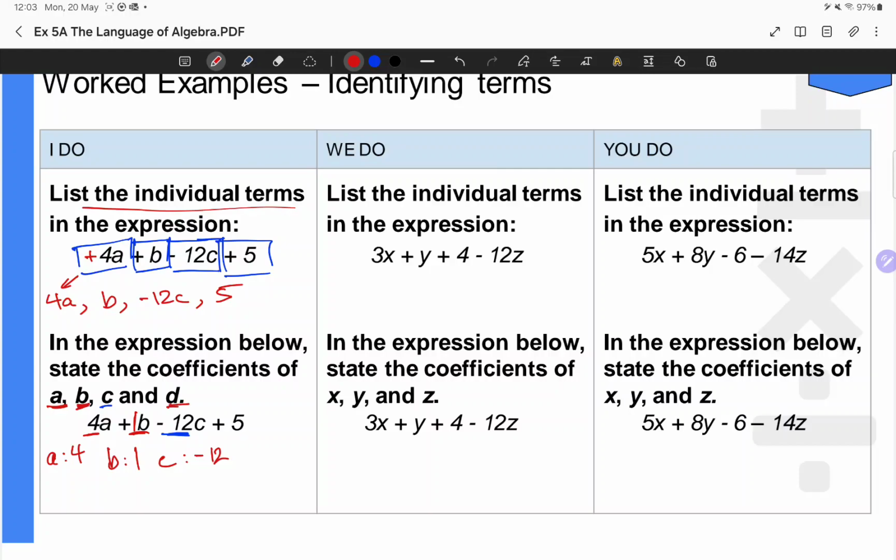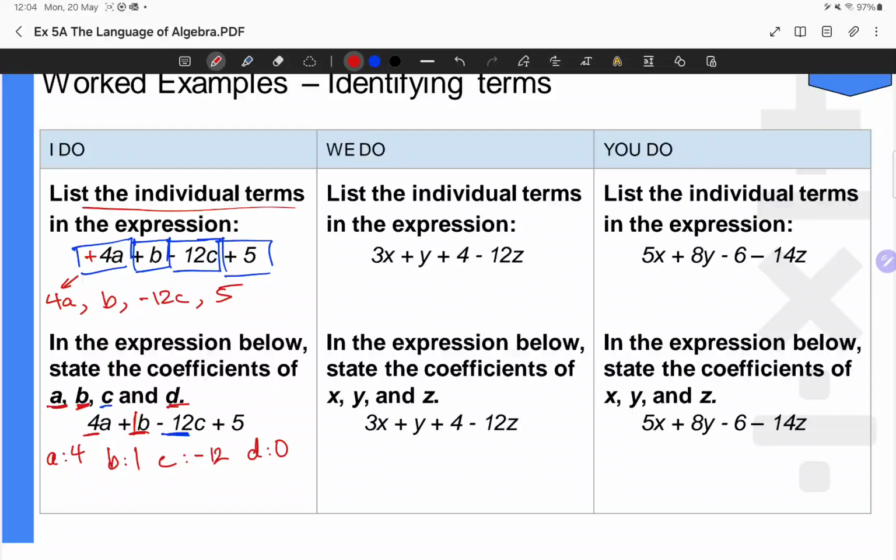And then for D, if you notice, there is no letter D around. So if there's no letter D, it's just saying 0. Because 0 times D is equal to 0. There's nothing there, okay? 0 times anything is equal to 0. So we'll do the we do together.